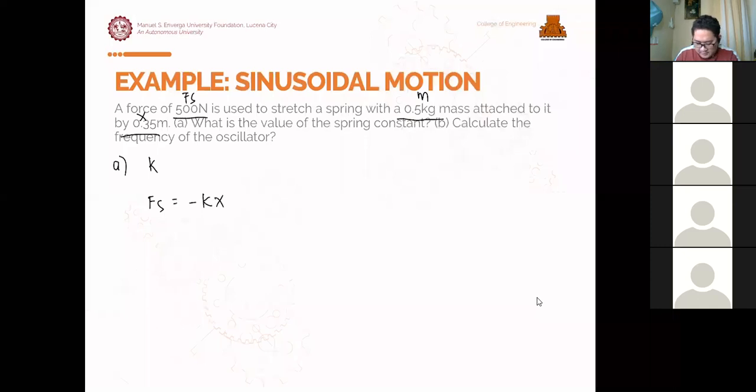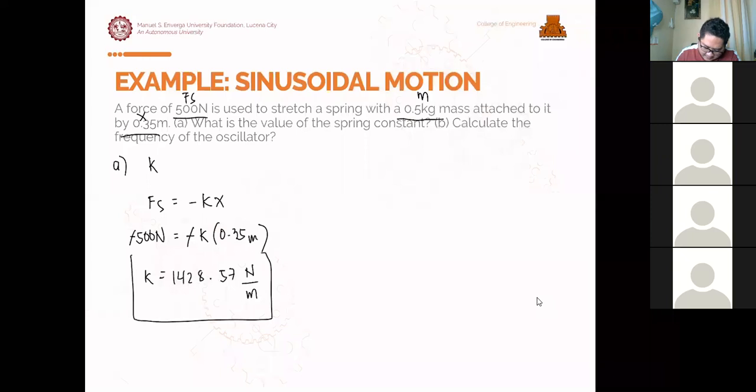Since dapat negative yung sagot natin ng 500 newtons, so gusto negative, K, X natin is 0.35 meters. Okay? So, cancel out to. We have K is equals to 1428.557 Newton per meter. Tama si Mr. Javier. Ito yung value ng K natin.